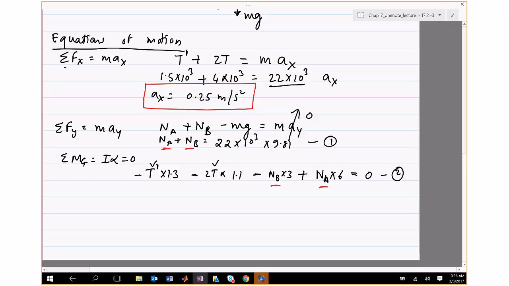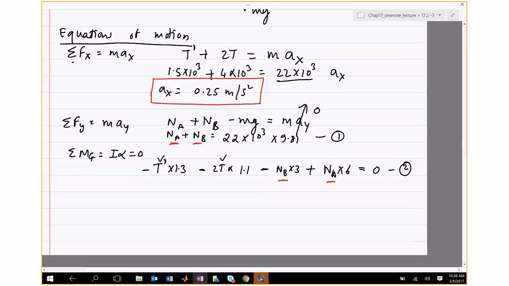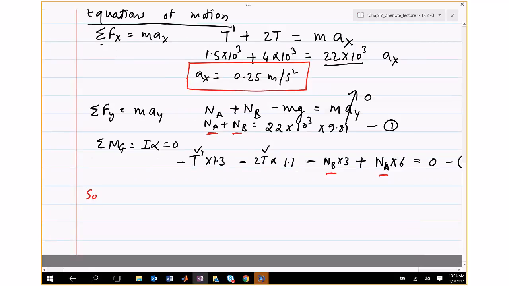They are unknowns. But since we have two equations, we can solve for NA and NB. So to complete the problem, just solve for NA and NB using 1 and 2.